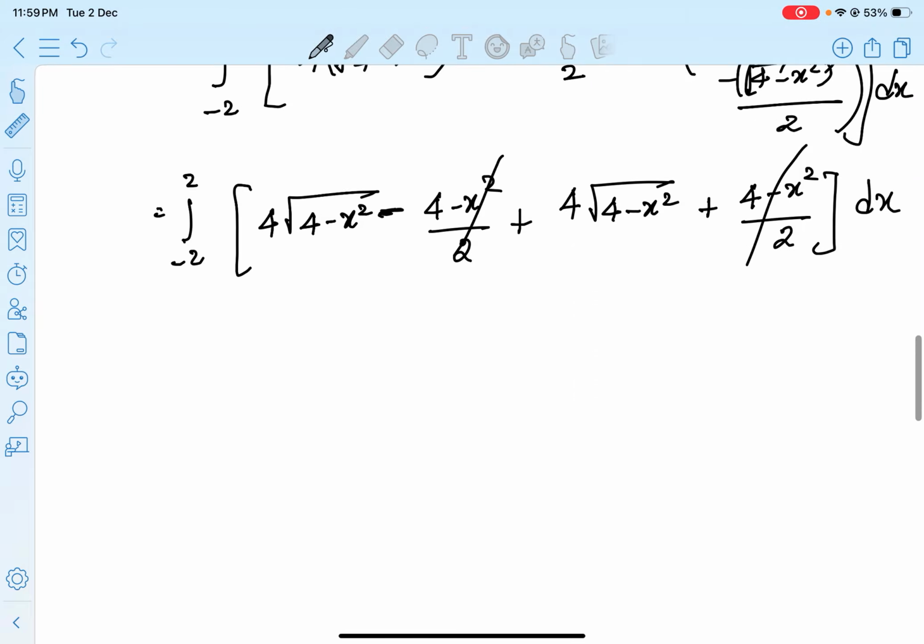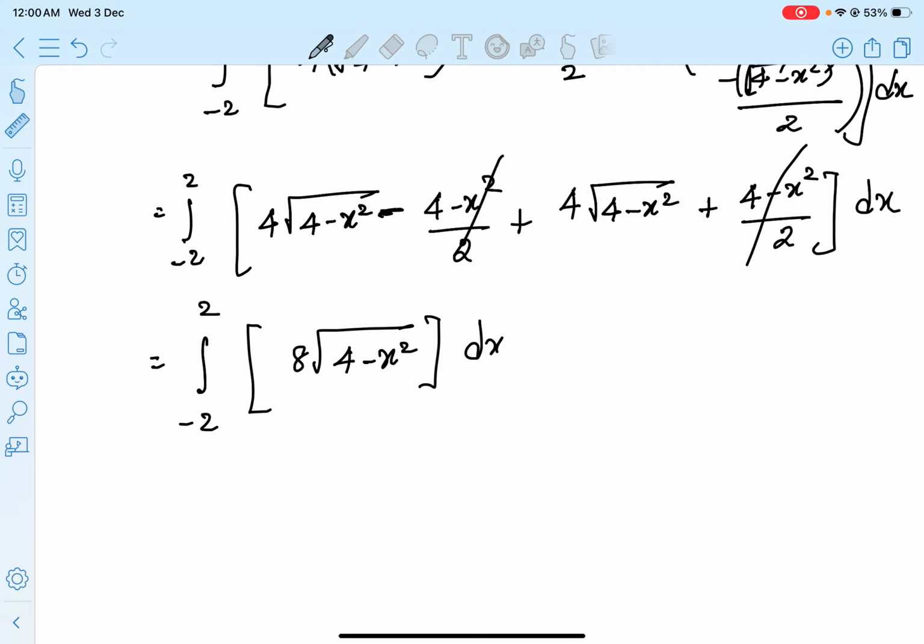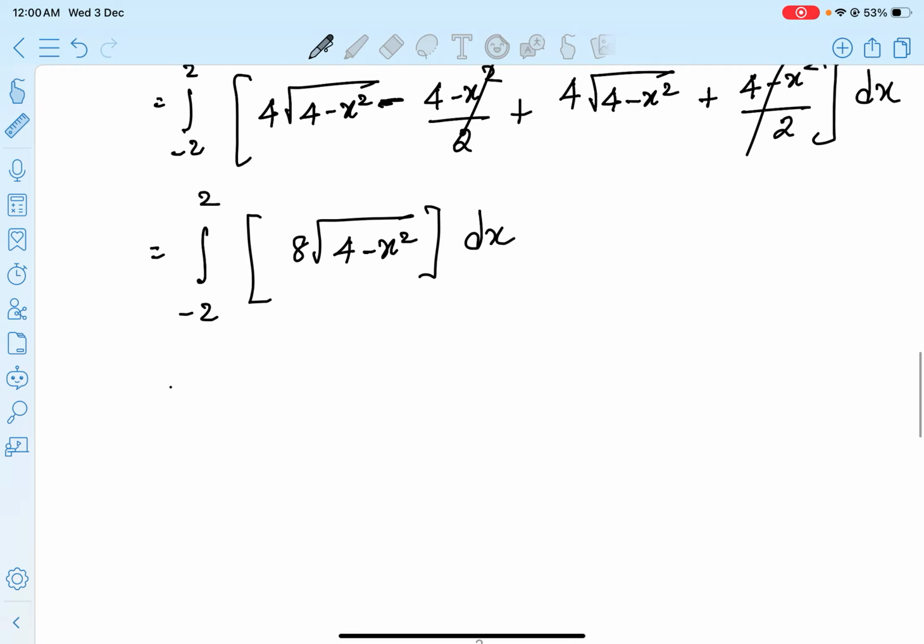So the remaining terms are integral minus 2 to 2 plus 8 root 4 minus x square dx. So I can take this 8 outside. So 8 integral minus 2 to 2 root of 4 minus x square dx.